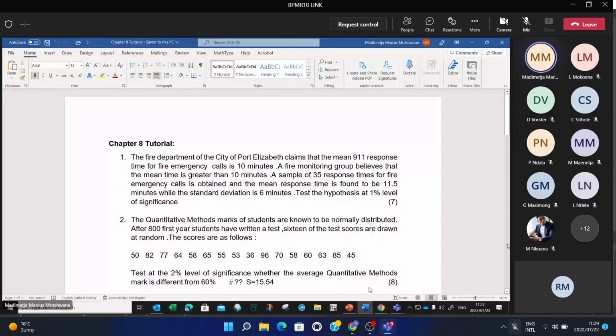And the test statistic, it is a Z distribution, is X bar minus the mean over sigma over root N. And X bar is 11.